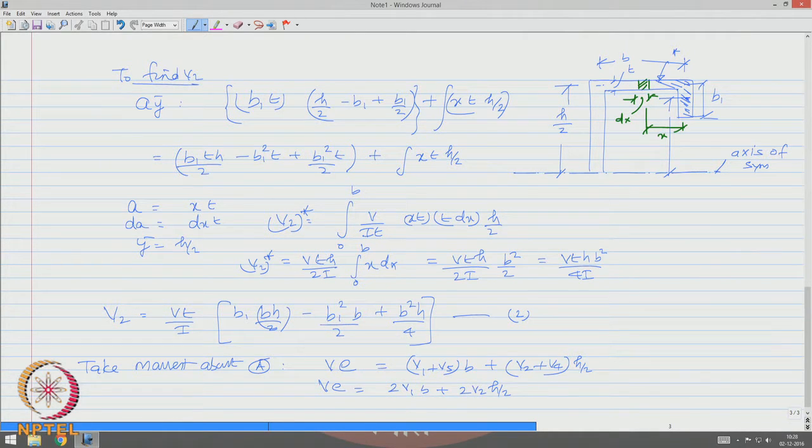So, substituting for V 1 and V 2 in terms of V, we can straight away say E will be given by T B 1 h squared by 2 I b 1 plus b by 2 b 1 minus 4 by 3 b 1 square by h.